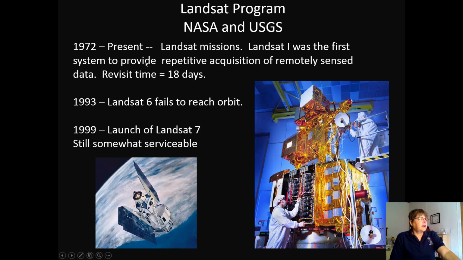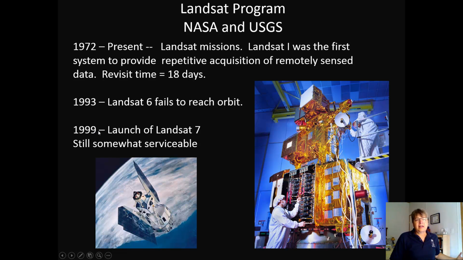Anyway, so a little bit of history of the Landsat. Landsat 1 was launched in 1972. First system to provide any kind of views of the Earth for the purpose of viewing the Earth, and specifically land, in our country's history. We had Landsat 1 through 5, and then in 1993 we had Landsat 6, and it failed to reach orbit. It got to a certain height, and then it blew up and fell back to Earth.